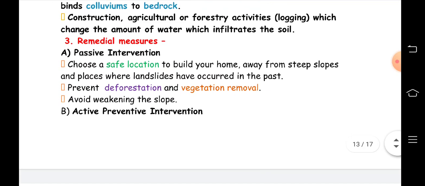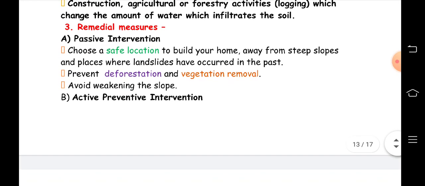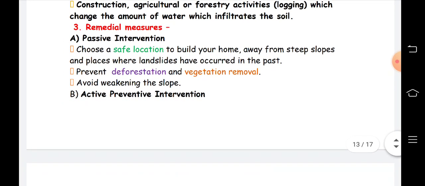Most of their houses or homes are situated on this sloping area. Due to vegetation, agriculture and construction on the sloping area, this landslide occurred. We famously call it the Malin landslide.